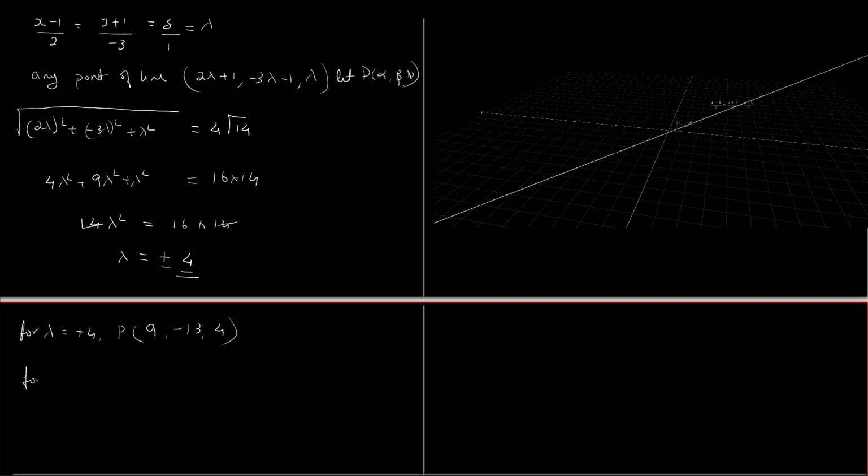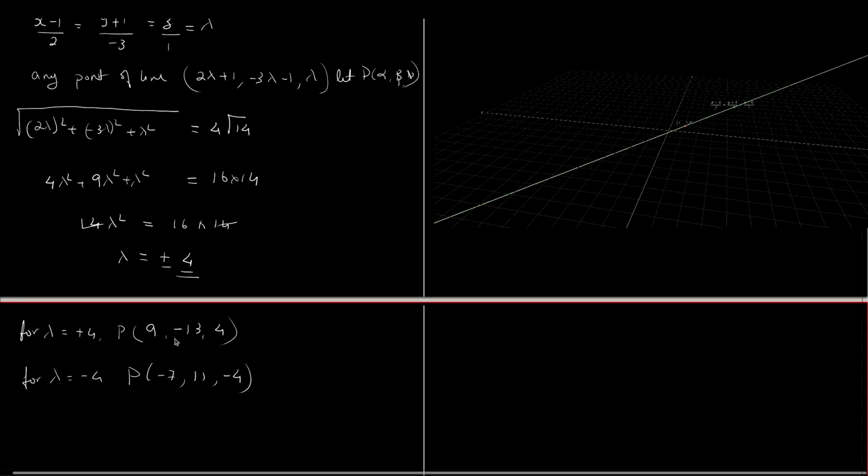Then for lambda equal to minus 4, P will be minus 8 plus 1, that is minus 7, minus 3 into minus 4, that is plus 12, minus 1, that will be 11, and lambda is minus 4.